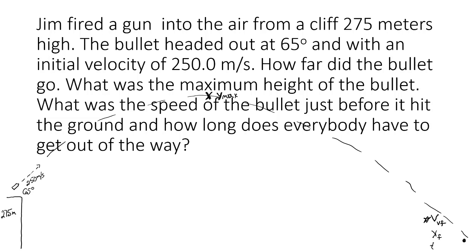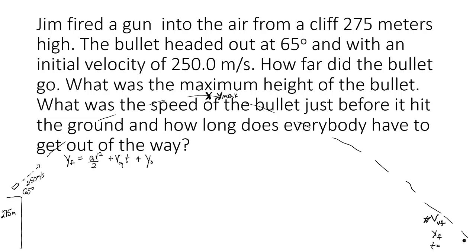And we also wanted to find out how long it takes for the bullet to hit the ground. All right? So let's start with the distance equation. The distance equation is going to say, I'm going to use y final because I want to work on vertical. That's the only reason I chose that. It equals acceleration times time squared over 2 plus velocity initial in the y direction times the time plus the original position in the vertical direction.